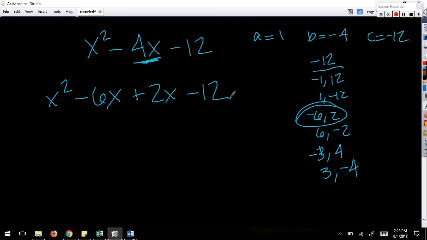Let's slash it. How about the first two? What's the GCF there? X. What's left? Minus 6. All I did was take an x out of both of them. How about the second two? 2. What's left?